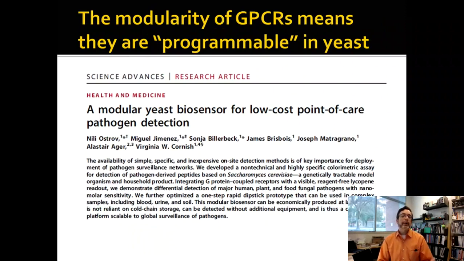So the cool thing about all of this, the whole thing about G protein coupled receptors, is that they're modular, right? That's why we had that one figure that showed all the different G's on it and how they were all the same color, red, green, blue. And because they're modular and because evolution has traded them out and made different signaling pathways, well, maybe we can do the same thing. And here's some people that did that with yeast.